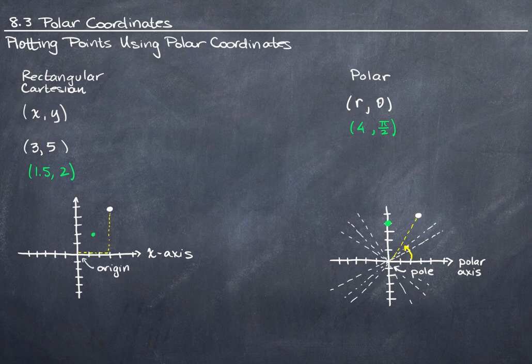All right, now the other thing is the point that I plotted here, 4 comma pi over 2, because it's on an axis, finding the radius was pretty easy. But what if I gave you the point, let's say, I'll stick with 4 comma pi over 6. Well, pi over 6 is this angle right here.